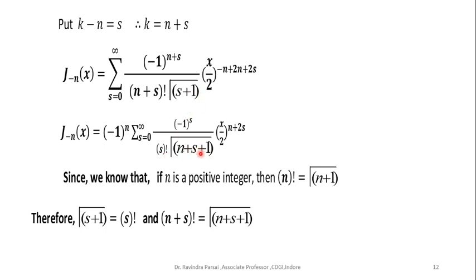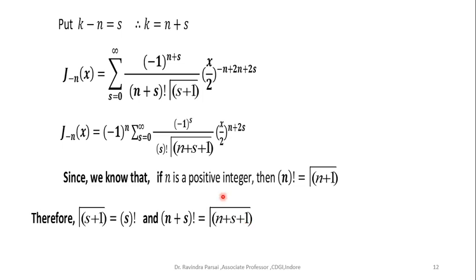How can you reduce this into the standard pattern? The most important thing is that n is a positive integer, as already given. There is a relation between the gamma function and the factorial function: factorial of n equals gamma of n plus 1. For this we are using this formula. Gamma of s plus 1 can be written in factorial notation as factorial of s, and gamma of n plus s plus 1 can be written as factorial of n plus s.